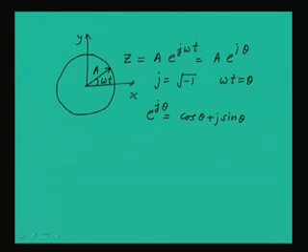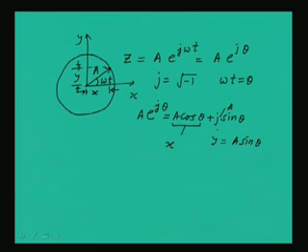From the figure we can see that if we project this vector on the horizontal axis, x is given as A cos theta, and if we project it on the vertical axis, this gives us y, which is A sin theta.